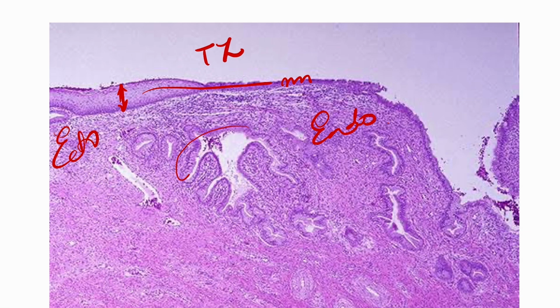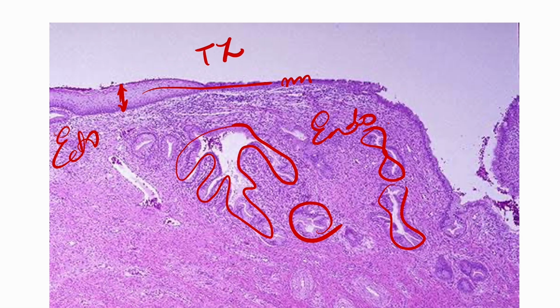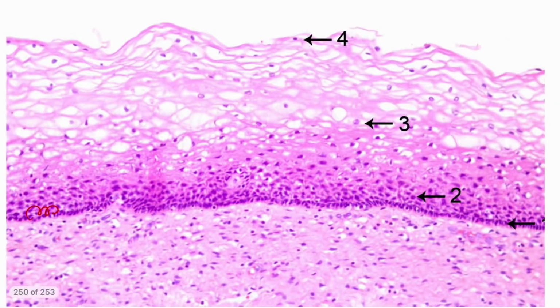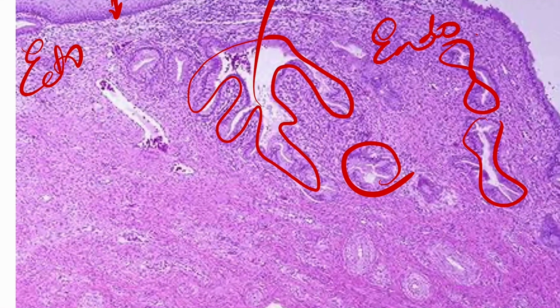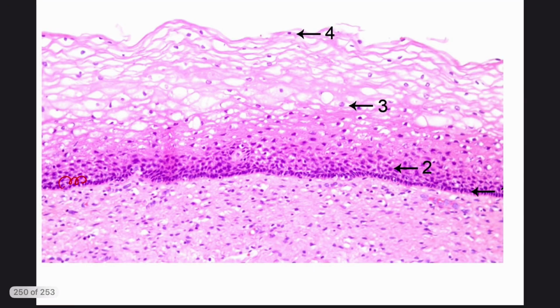The endocervix has these glands. These are the glands with lumen. These tubular or rounded structures are the endocervical glands which secrete mucus. And here the stroma is highly fibrous stroma.